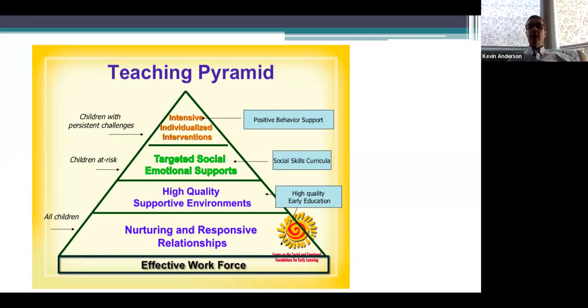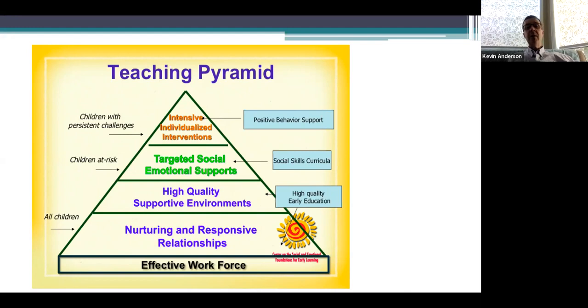One of the things that we know is that if you do not have those first 2 tiers, if you do not have that highly supportive environment, and if you do not have nurturing and responsive relationships, and you're not teaching those social skills, you are not going to be able to implement an individualized behavior support plan.